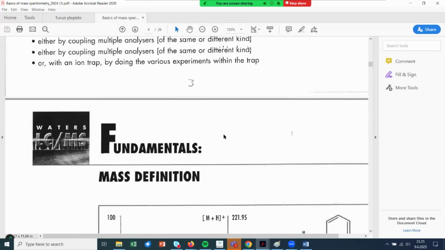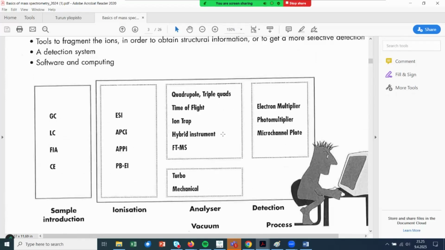Let's go back here for some time now. I was talking about the ionization. We need to ionize in order to analyze the molecular weights. We need to first ionize the molecules, or atoms sometimes, typically molecules.